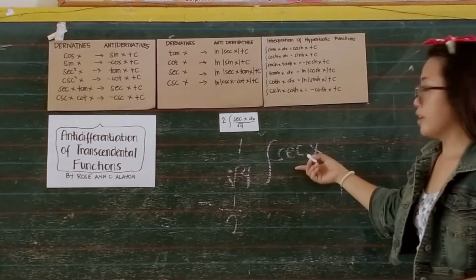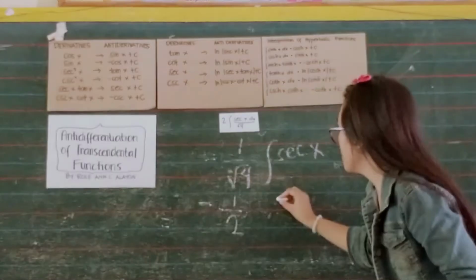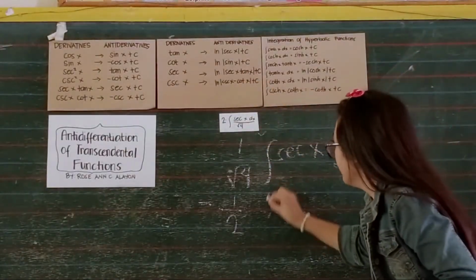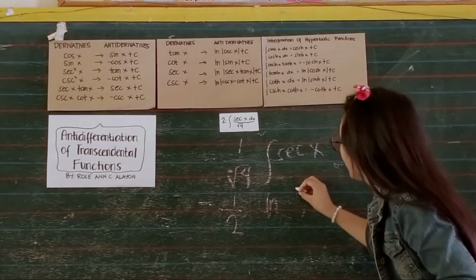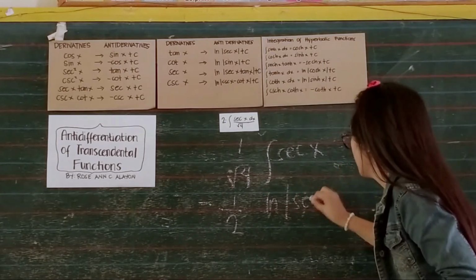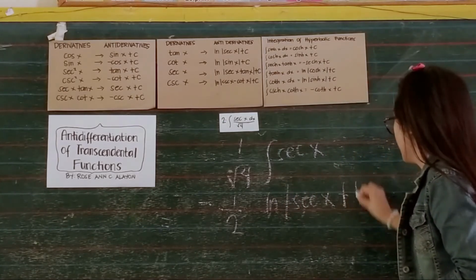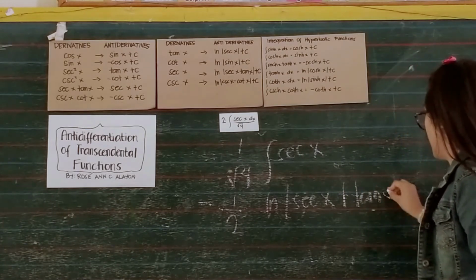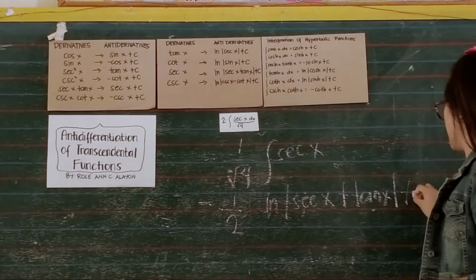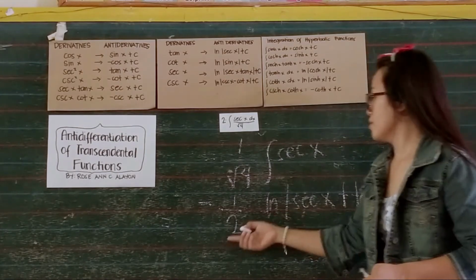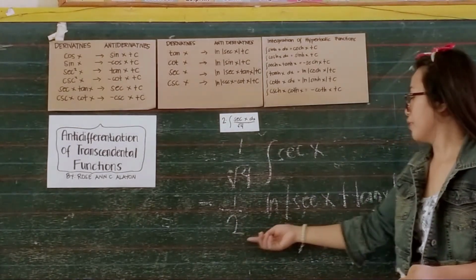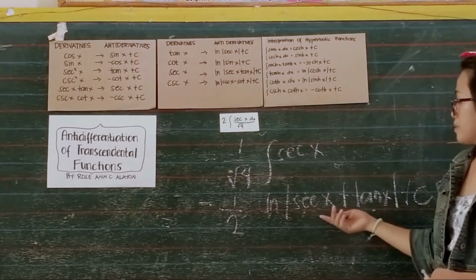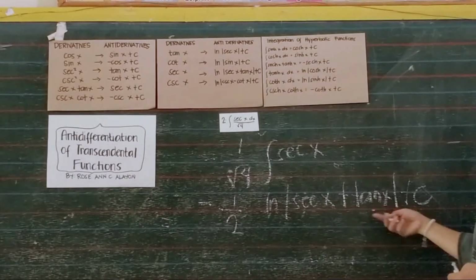Then the antiderivative of sec x is equal to ln of sec x plus tan x, and don't forget to put plus c. So the answer of this is 1/2 ln absolute value of sec x plus tan x plus c.